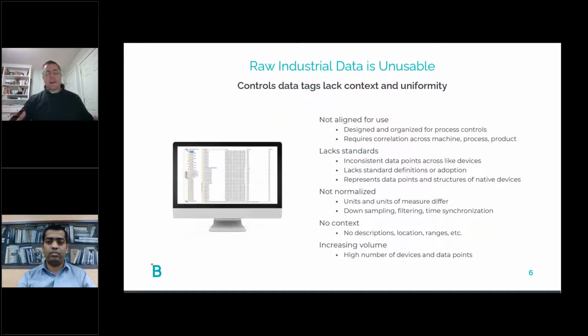That's what we mean by contextualizing data, adding descriptive information that makes it so that someone outside of the OT domain can use this data. And that's critical as we merge the data together across multiple sites and across multiple lines, and as we provide it to people outside the OT domain.